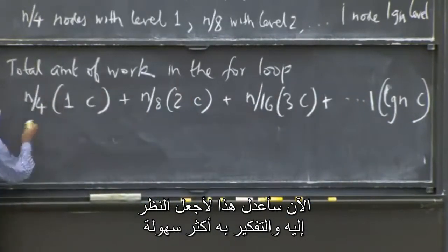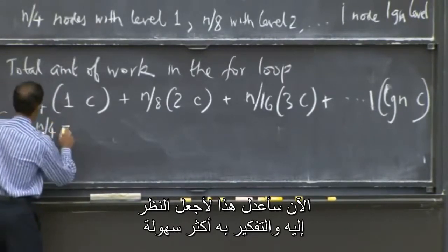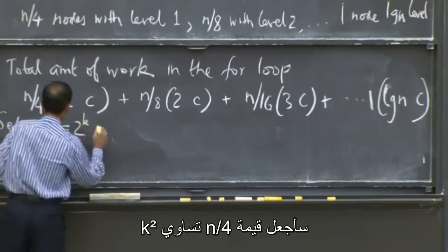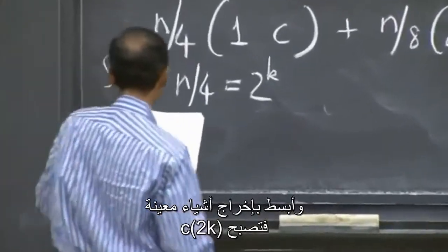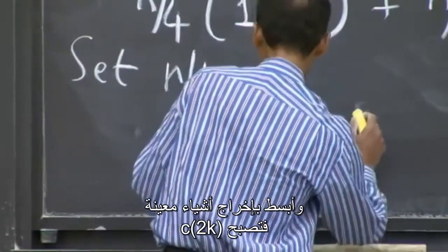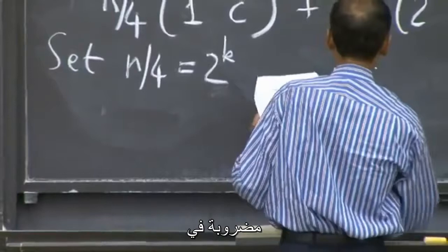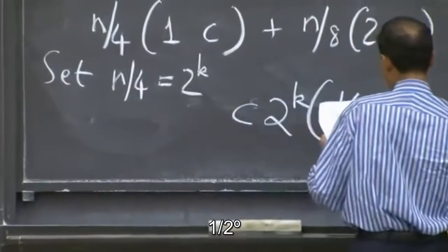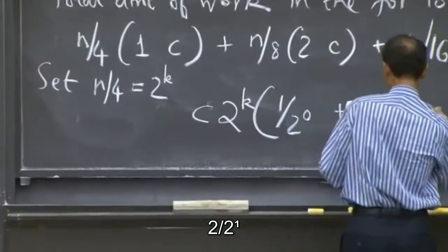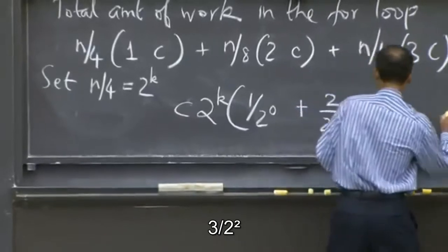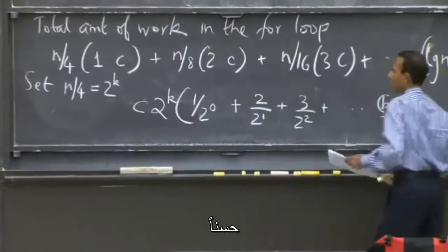Now, just to make this a little easier to look at and reason about, I'm going to set n over 4 to 2 raised to k. I'm going to simplify by pulling out certain things, and this translates to c times 2 raised to k times 1 divided by 2 raised to 0, 2 divided by 2 raised to 1, 3 divided by 2 raised to 2, etc., k plus 1 divided by 2 raised to k.